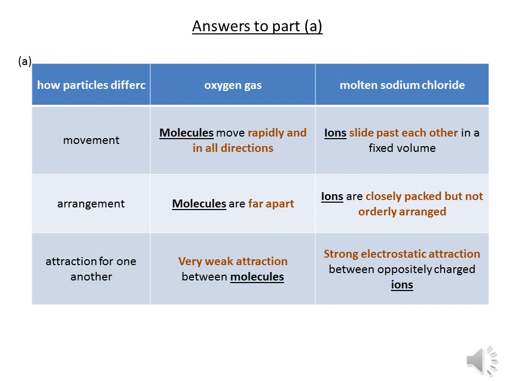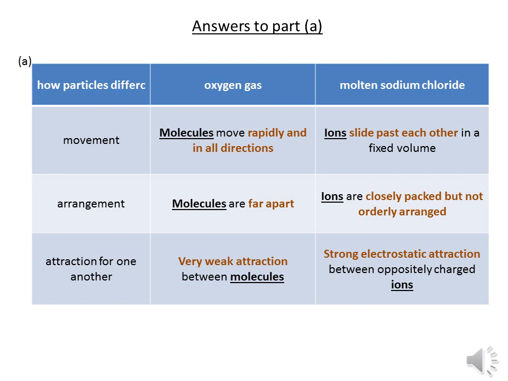Now, this is the answer to part A of the question. Take note that under oxygen gas, particles are described as molecules. That is because oxygen gas is of covalent bonding.